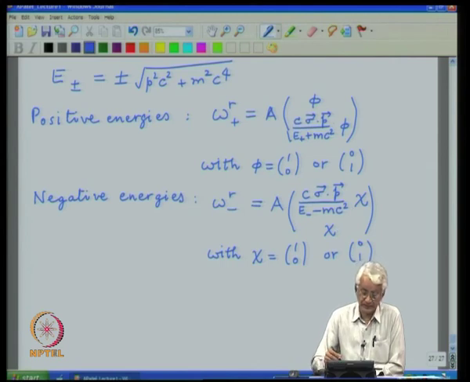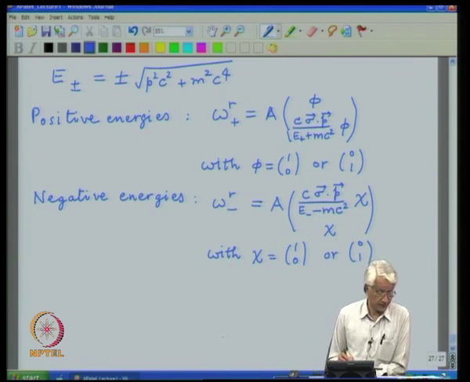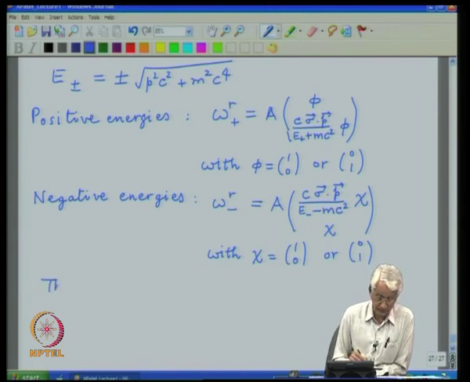If you literally take the non-relativistic limit, the p goes to 0, and in that case, the upper two components will be associated with the particle, and the lower two components again in the p going to 0 limit will be associated with the antiparticle. So, this is the complete interpretation of the 4 components.